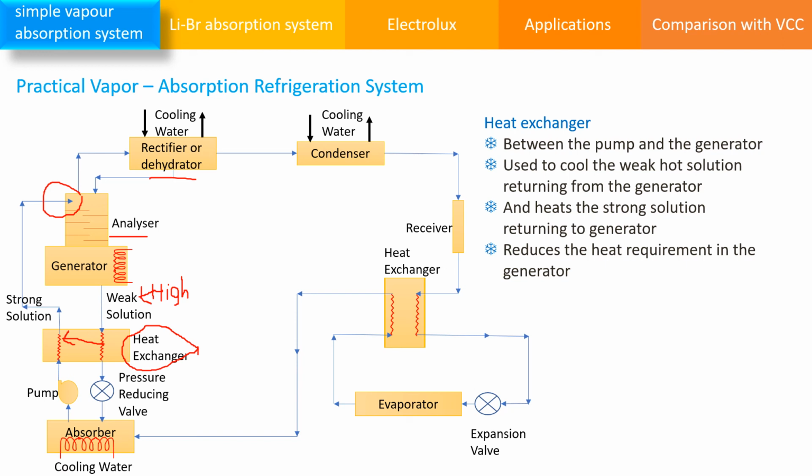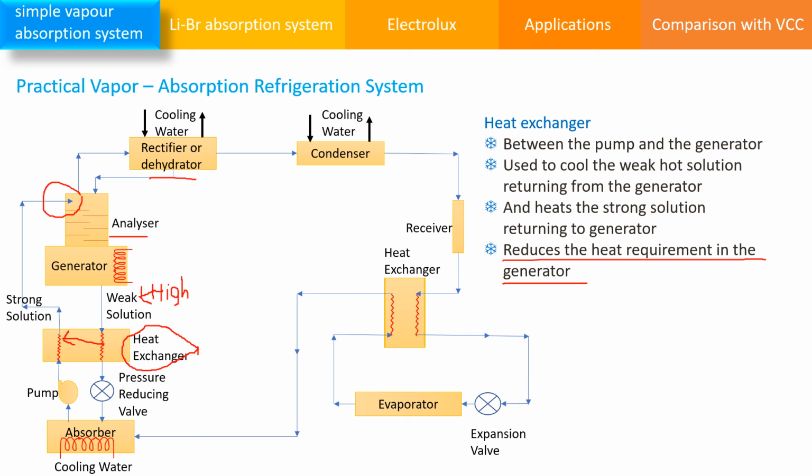So this heat exchanger reduces the heat requirement in the generator. A vapor absorption system can work on waste heat for this generator. It is basically using low grade heat energy, so it can be used for regeneration and on waste heat. So this is effective.